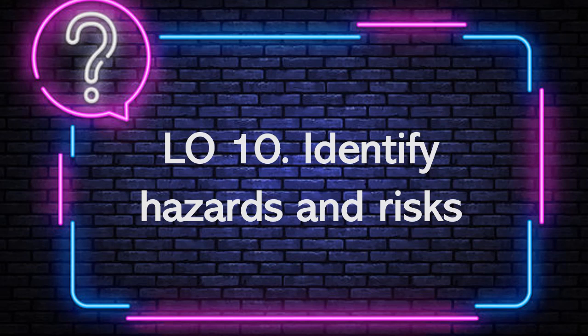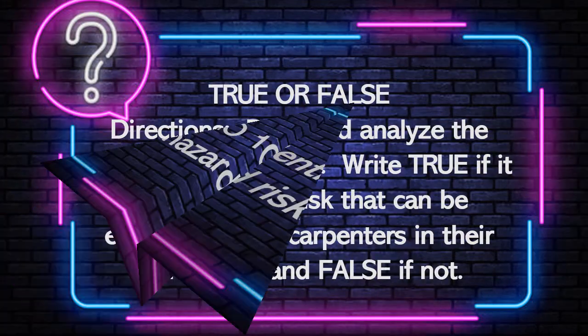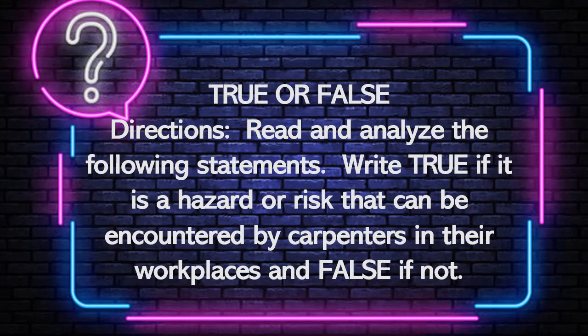Learning outcome number 10. Identify hazards and risks. True or false? Directions. Read and analyze the following statements. Write true if it is a hazard or risk that can be encountered by carpenters in their workplaces, and false if not.